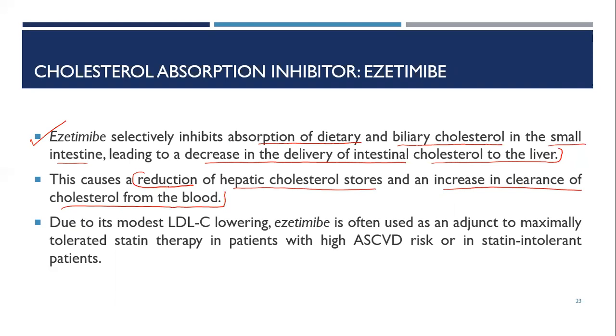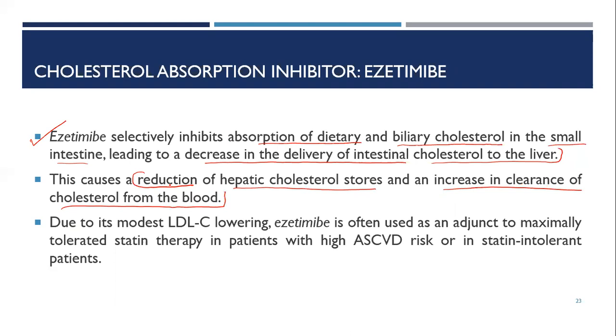So always understand, the liver is the main storage unit for cholesterol. Okay, so if there is a decrease in the main storage unit of cholesterol, then what will happen?